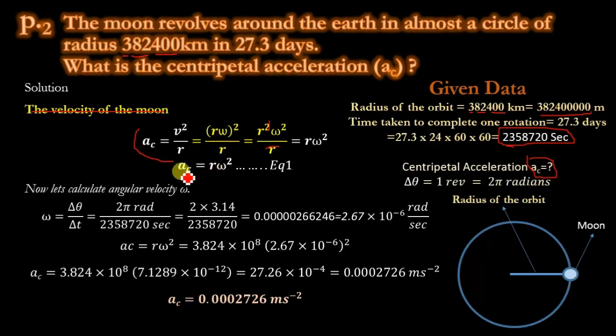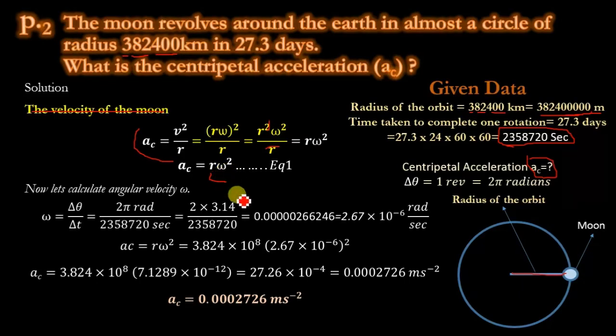Here for the calculation of centripetal acceleration, we will need r, the radius of the moon's orbit, which is given as 3,82,400 kilometer, and in meter this is the term used for the radius, where omega is the angular velocity. We will calculate the angular velocity in radian per second.